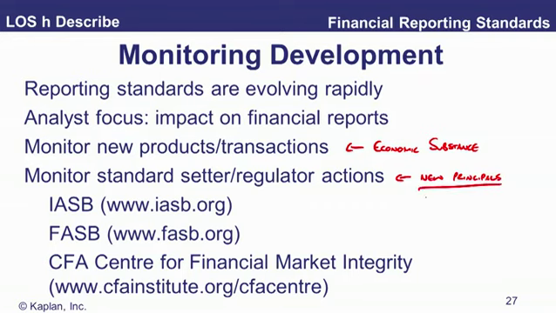We need to keep on top of these because they affect the financial statements and therefore our analysis. Certainly we can look at the websites of the International Accounting Standards Board and the US Financial Accounting Standards Board. Also notice the CFA Centre for Financial Market Integrity.